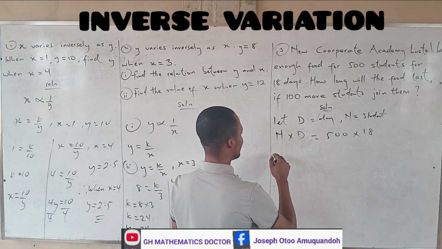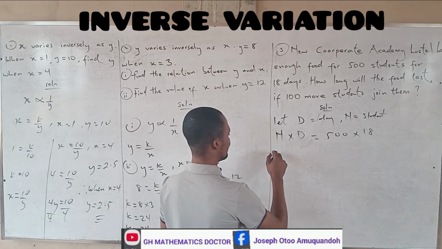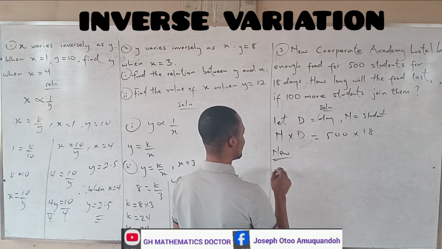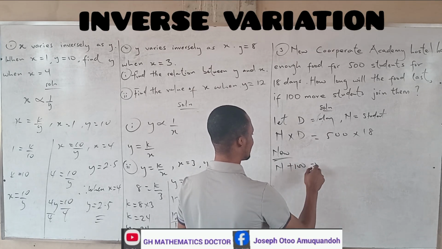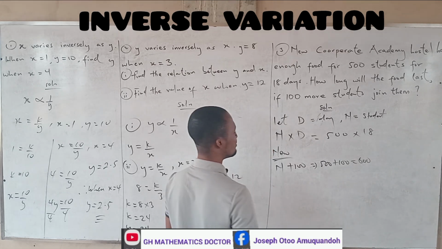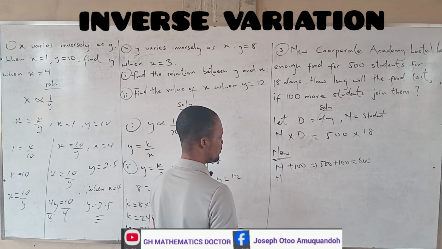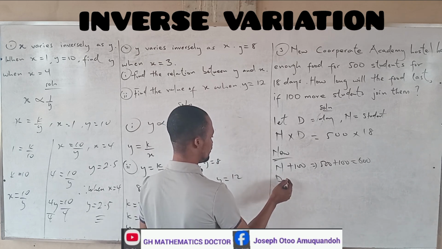So let's find the new number of days. The new number of students is going to be 500 plus 100, that's going to be 600, and the new number of days is unknown.